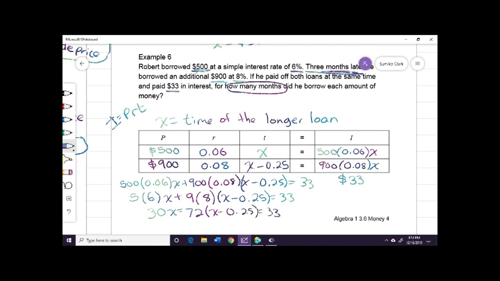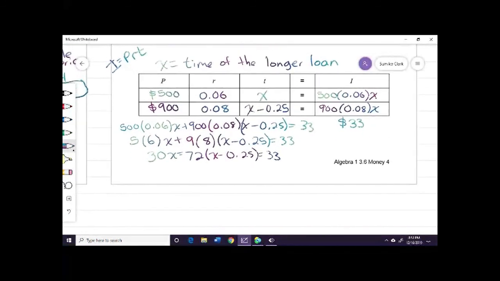And then I'm going to scroll up because I'm out of room. Oops, shouldn't be an equals, this should be a plus. Sorry guys. Okay, now I need to distribute this 72. So 30x, I'm just going to copy that down. 72 times x is 72x. And then I have a positive times a negative, which means that's going to be a negative.